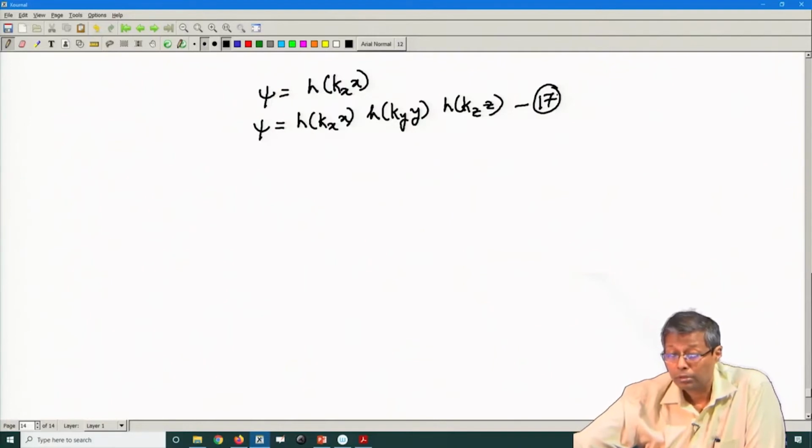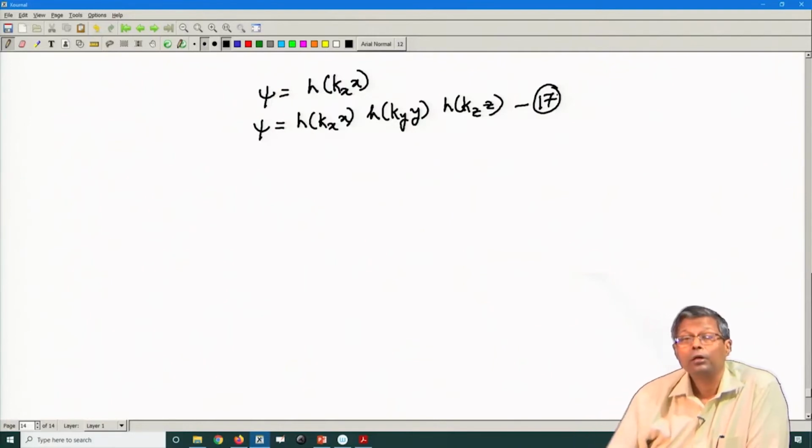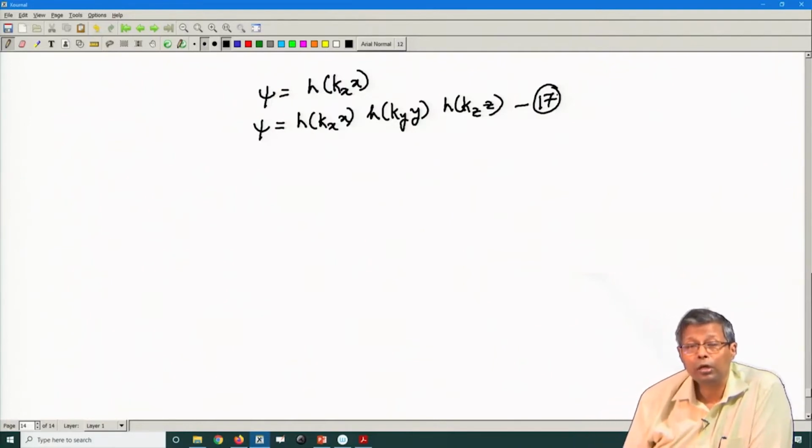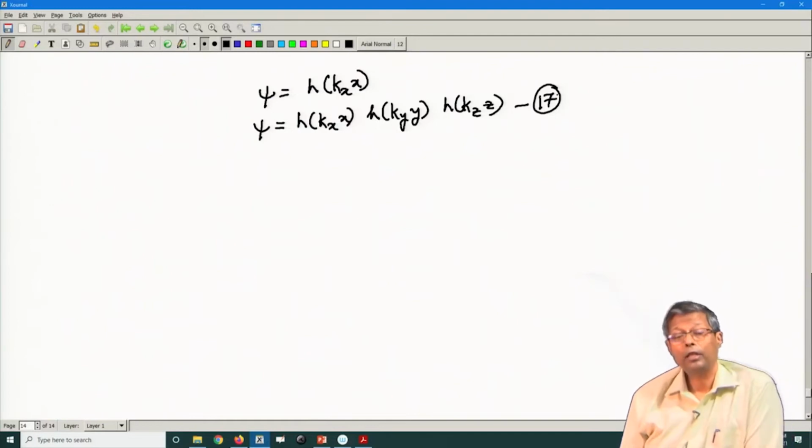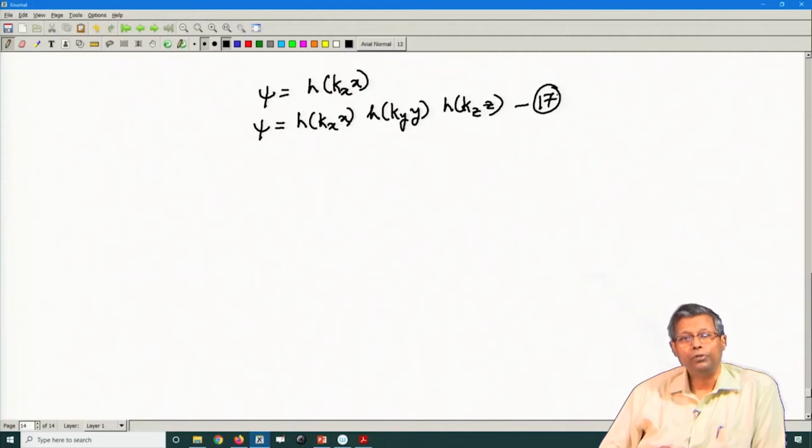Okay. So, this is the way the solution to the wave equation comes, and it is expressed in terms of harmonic functions. These harmonic functions are appropriately chosen depending on the medium of interest, the boundary condition surrounding the medium of interest, and whether there are internal reflections in the medium or whether the wave is going towards infinity.